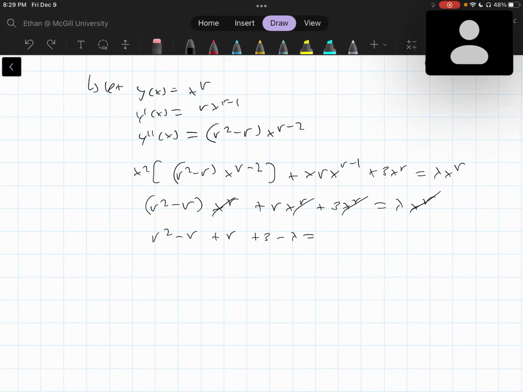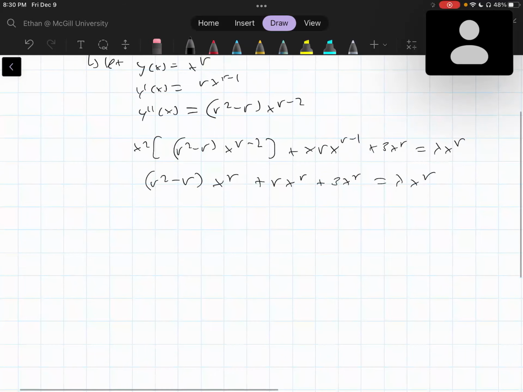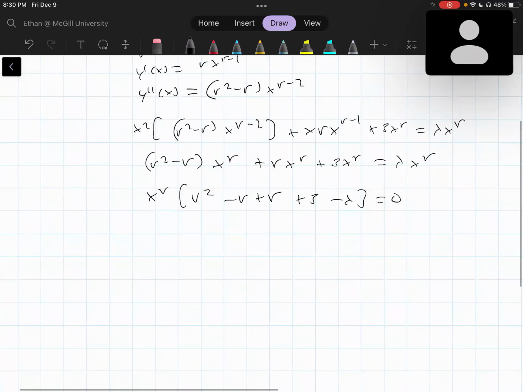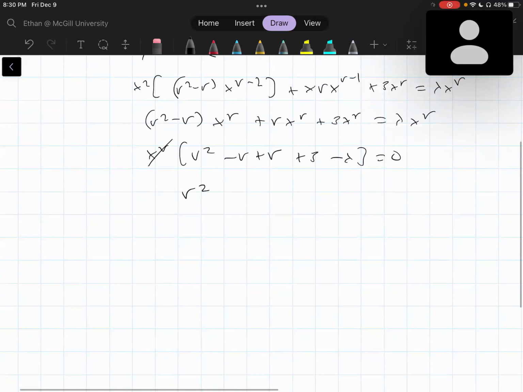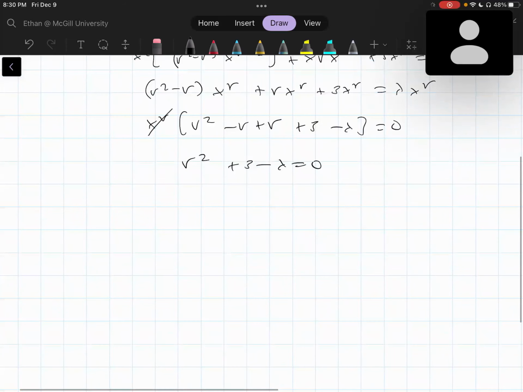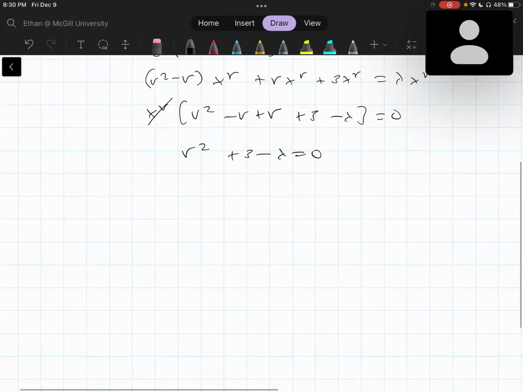For proper form, I'm going to bring everything to the other side first and factor out x to the power r. And obviously x to the r can't be equal to 0. So then we have this equation, and we're solving for r in this case.